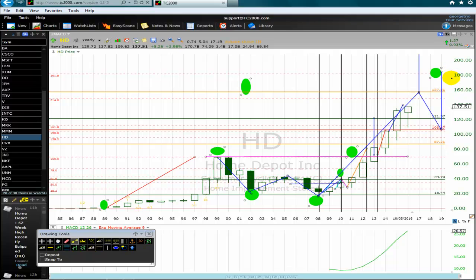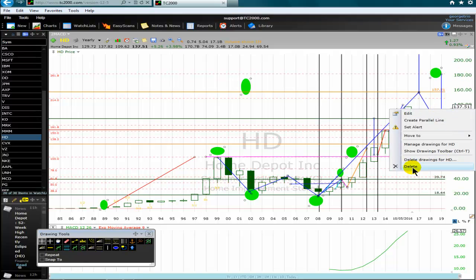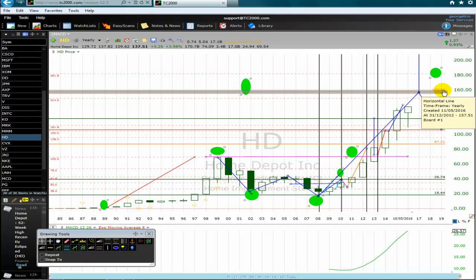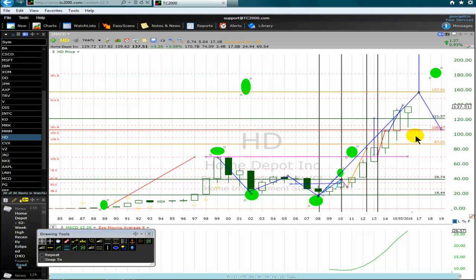Probably the fifth wave will bring the price to the zone of 180. As always, if the price breaks above a resistance level like 15751 and finds a support, we can buy. But if it breaks below a support level and finds a resistance, then we can sell.